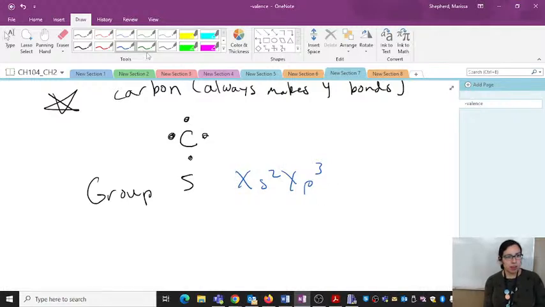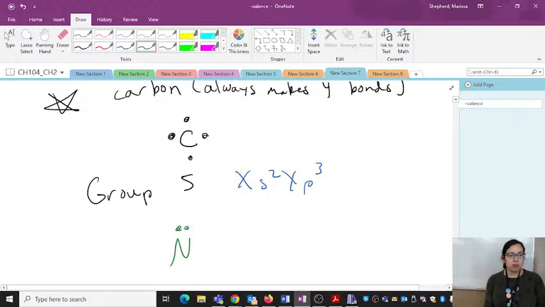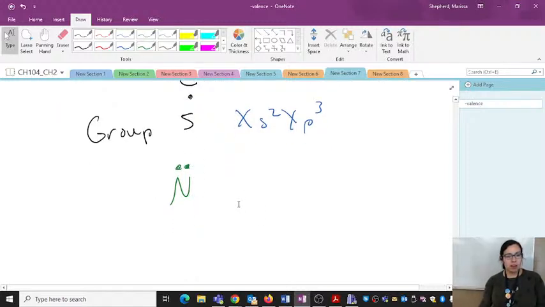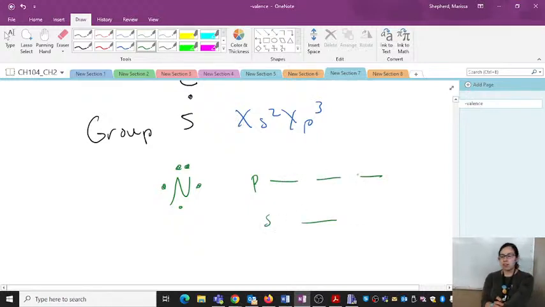And we again want to draw our little picture to represent that. We have 2 in the S, so I'll put 2 on the same side. And then we want to fill in our P's, again, 1 in each P before we start pairing. And I'll draw this the other way just so we can see. You want to be comfortable seeing this in a bunch of different representations.